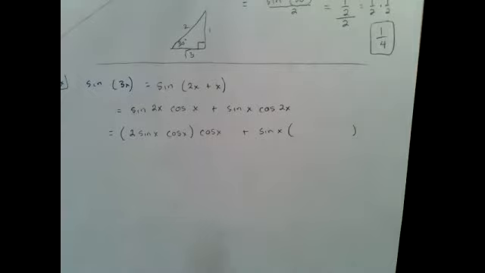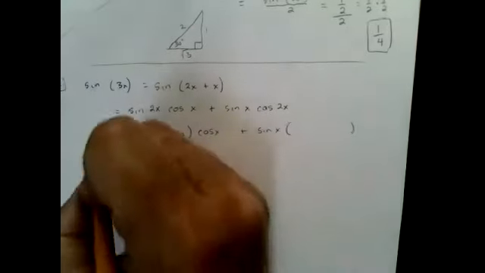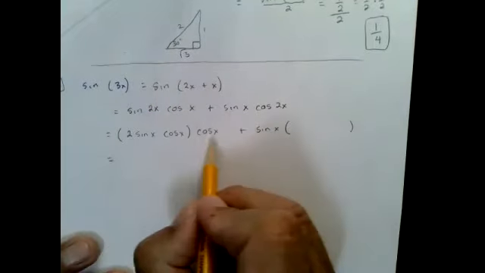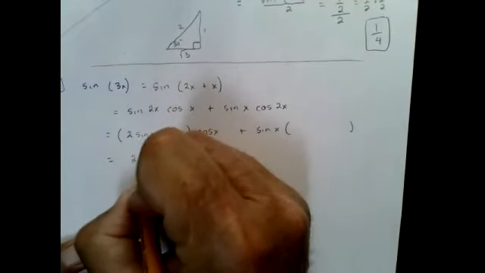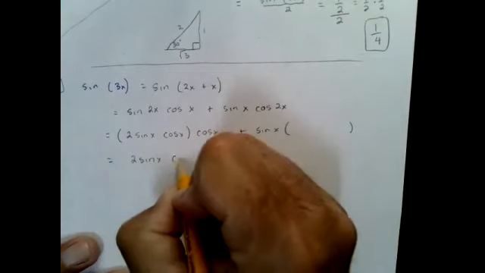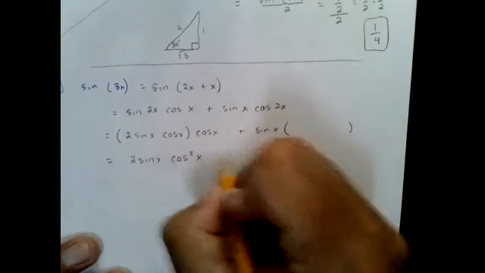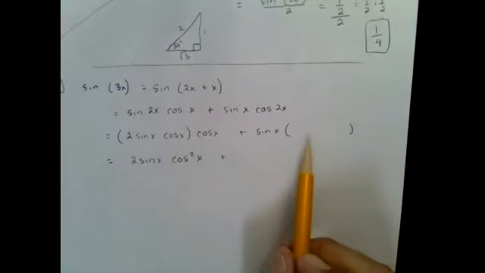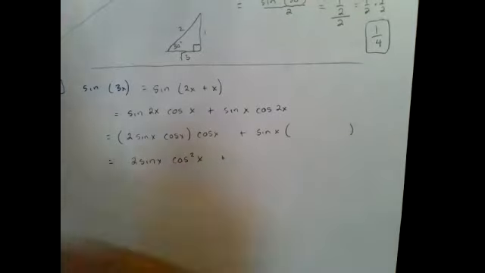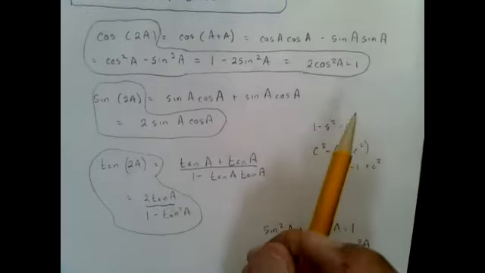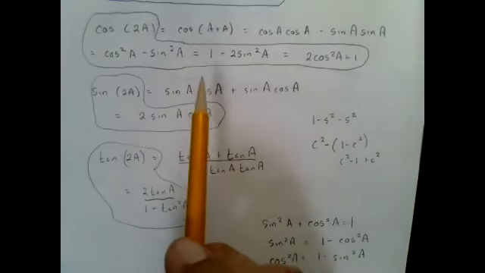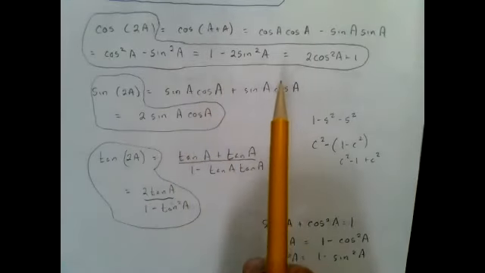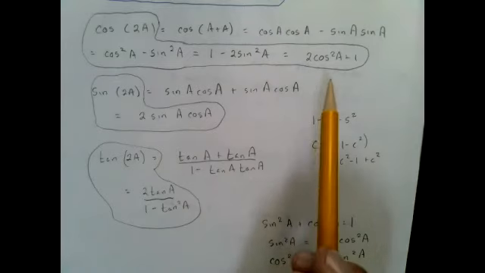My idea comes from rewriting this left side as 2 sine x cosine squared of x. That gets me thinking, maybe inside these parentheses I might want to put, well, that left side had a cosine squared of x in it, didn't it?